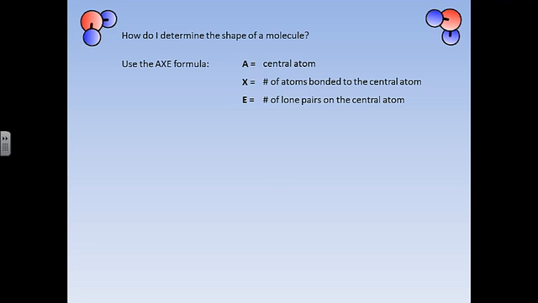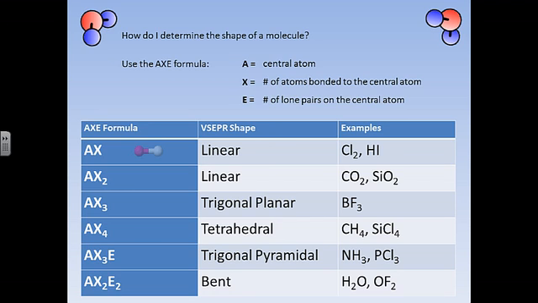We don't care about lone pairs on any atom other than the central atom when determining the shape of the molecule. It is the electron repulsion between the atoms bonded to the central atom and between the lone pairs which determine the shape of the molecule. If there are only two atoms in the molecule, the AXE formula is always AX, and the molecule is always linear.